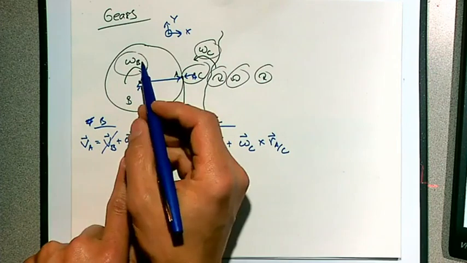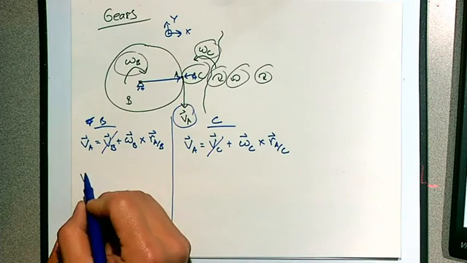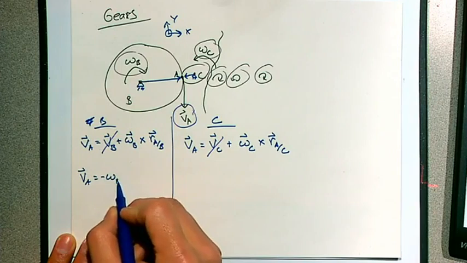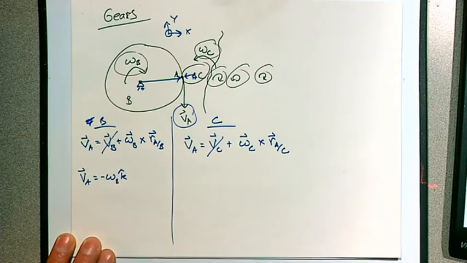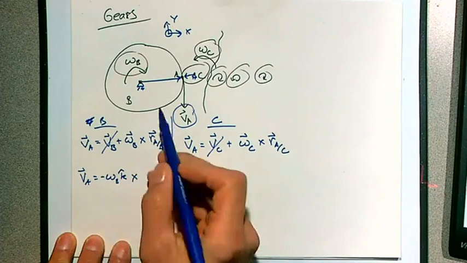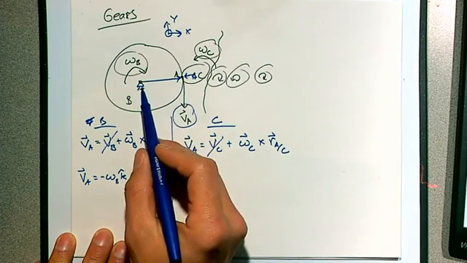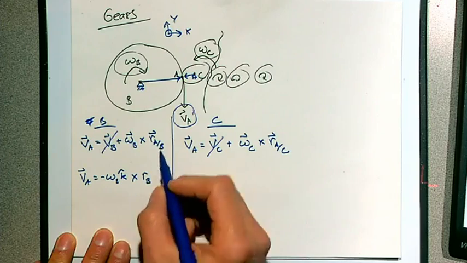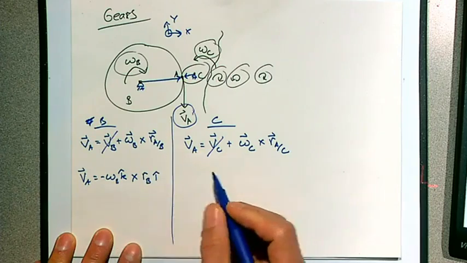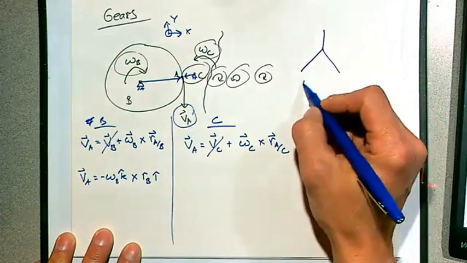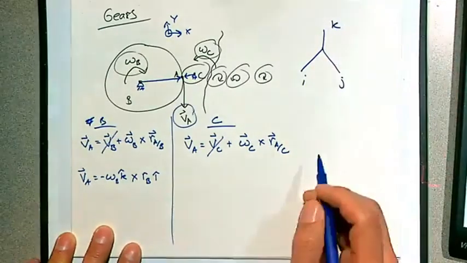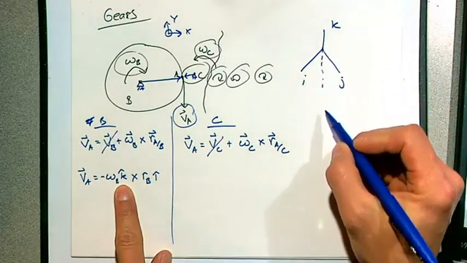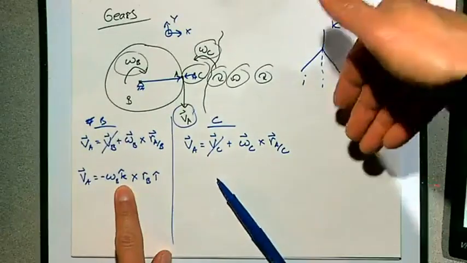Omega b, the way I've got this written, I've got my velocity of A. That's negative, so I'll say negative omega b in the k direction, crossed with, from B to A, I'm just going to call that r sub b, the radius of gear B, and that's in the positive i direction. So looking at this cross product, minus k direction crossed with positive i.